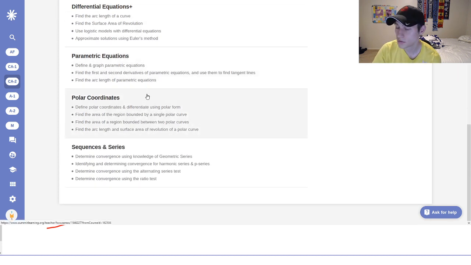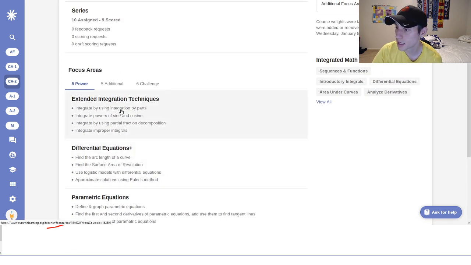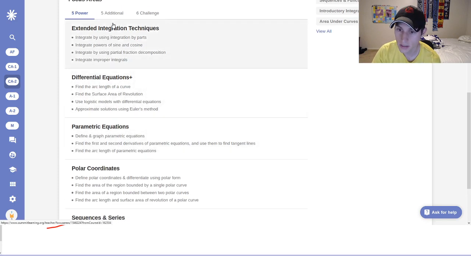Okay, so I don't know if you noticed, I reorganized our focus areas.